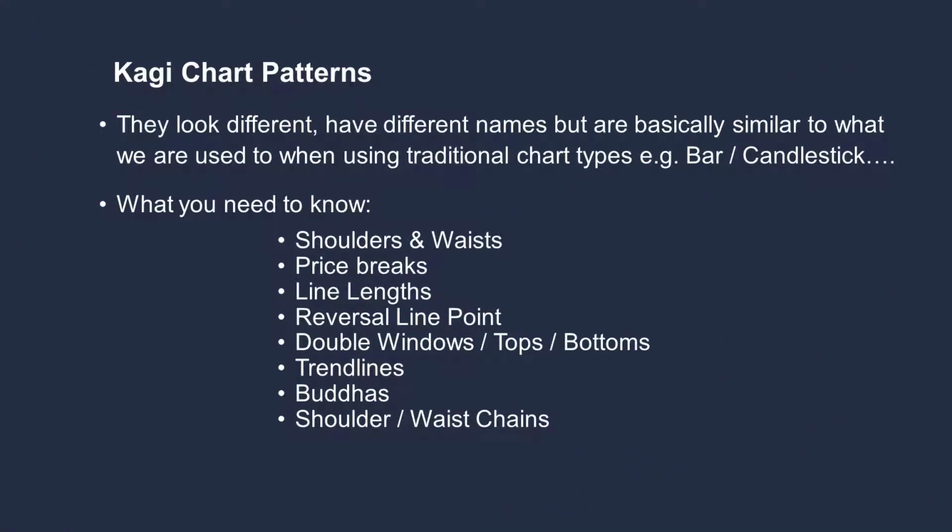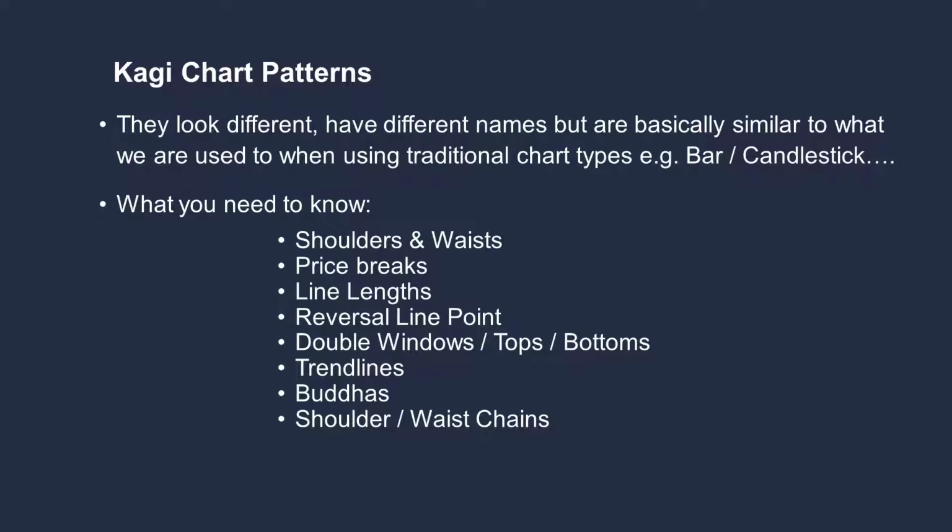Now what you'll notice about Kagi chart patterns is actually they're very similar to their Western counterparts in, say, bar charts or the candlestick charts. You'll be familiar with the sort of shape of a lot of these. They have slightly different names that you'll need to learn in the Kagi chart world, but also there's some very subtle and clever analysis which is unique to Kagi that's worth learning, which can seriously help your trading and create very specific trading strategies.